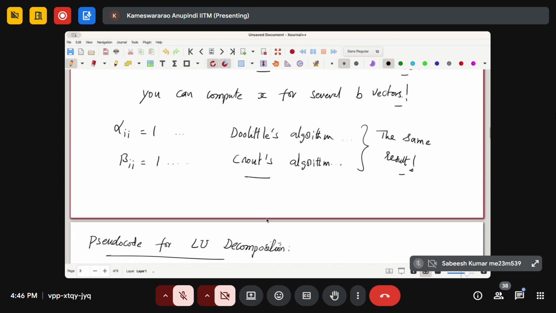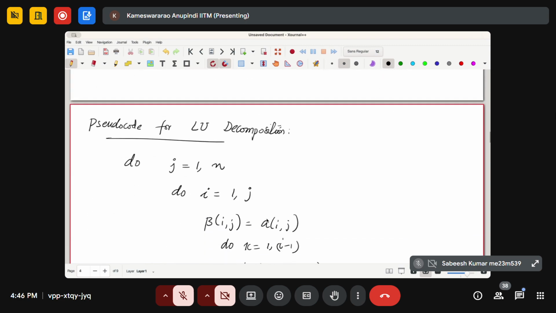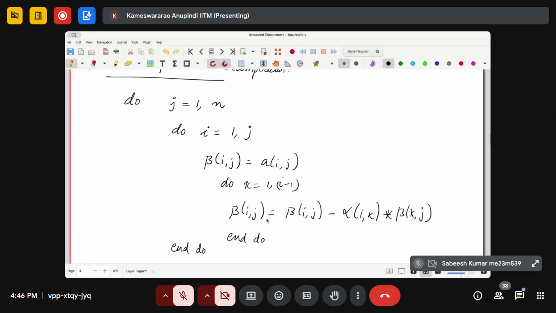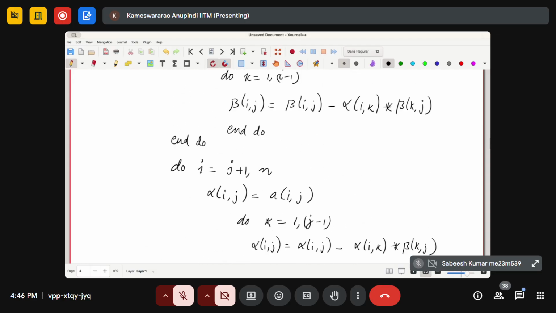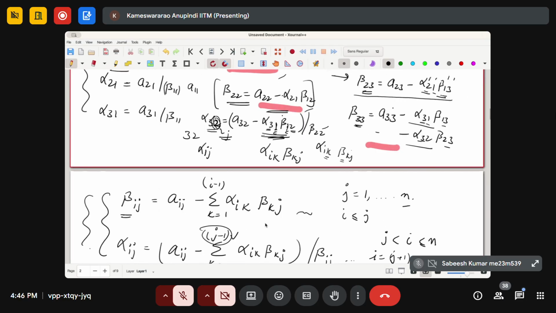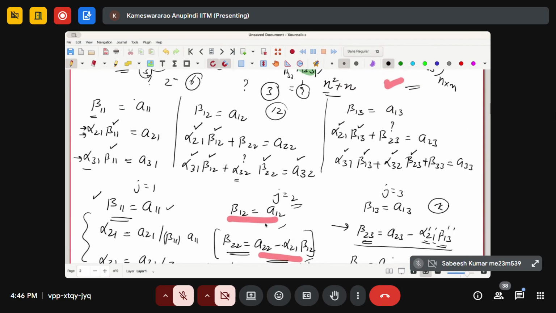More questions? Anybody on the pseudocode or anything like that? Another way to put the question: with the 2 by 2 matrix, would it be possible to arrive at this pseudocode? It may not be, because 2 by 2 is too small.